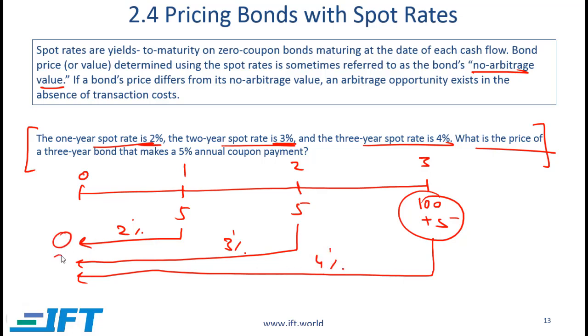We calculate these three numbers and add those numbers. The answer that we get is the no arbitrage value. And if we actually do the calculations, what we get is 102.960.